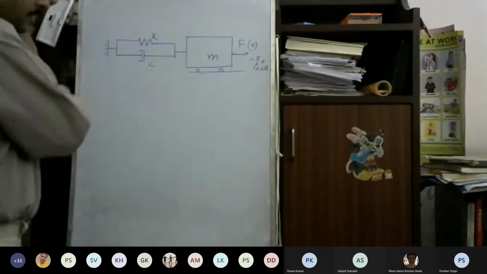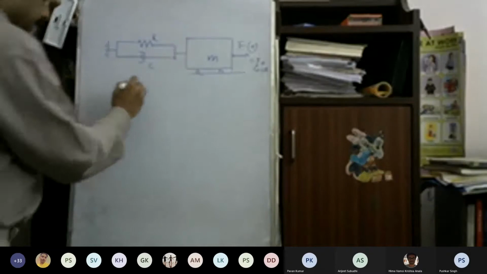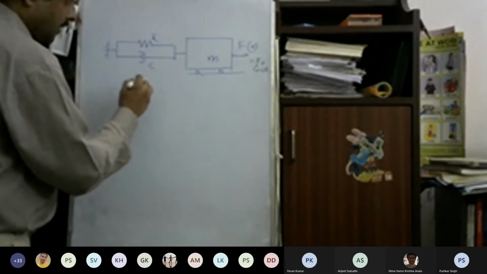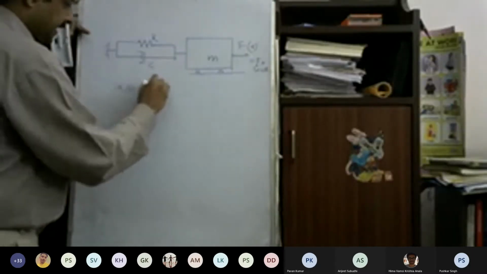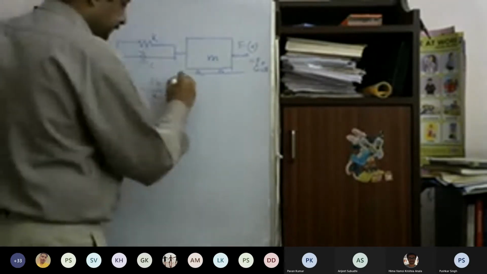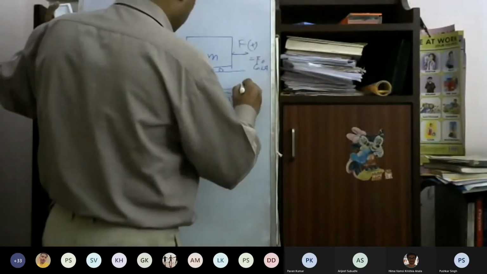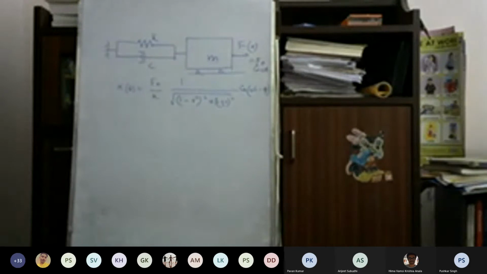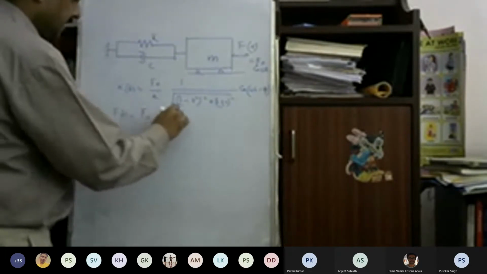So x(t) will be equal to F naught by K times 1 by the square root of (1 minus R square) square plus (2 zeta R) square, times cosine omega t minus phi, where F(t) equals F naught cosine omega t.